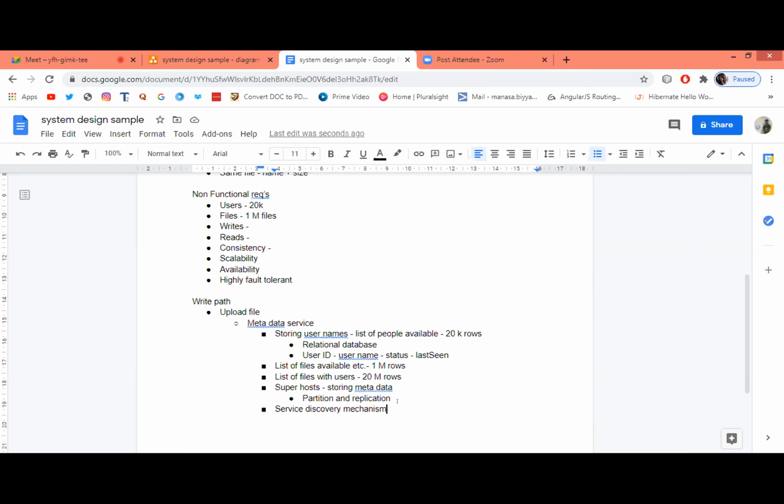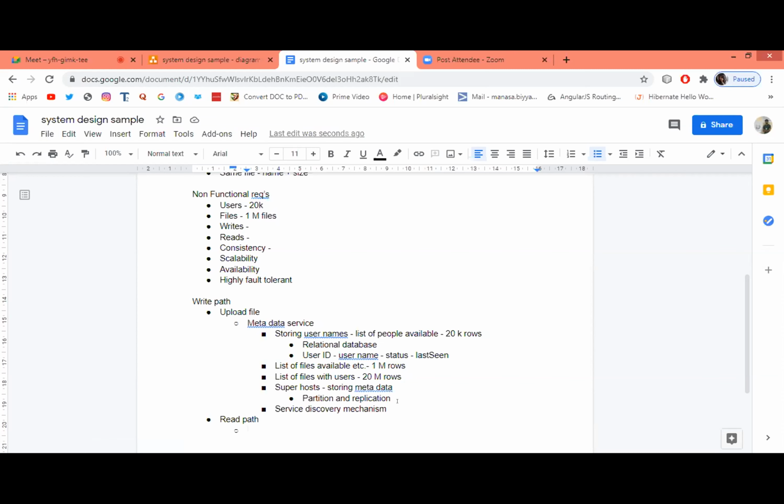So now this is the read path. Since this is a peer-to-peer system, mostly these are commodity machines, which have limitations on the amount of data they can store.